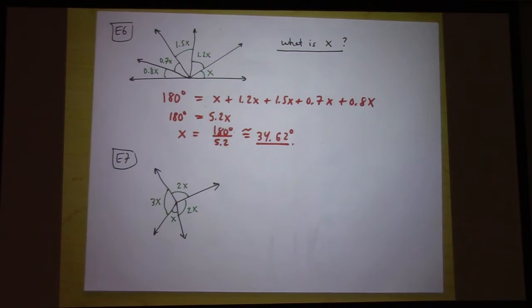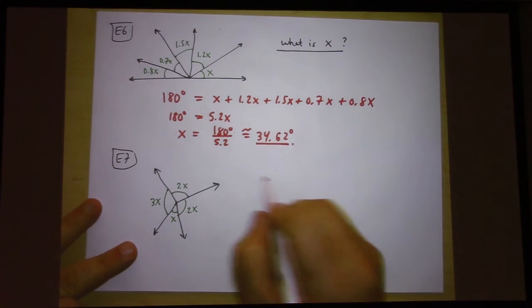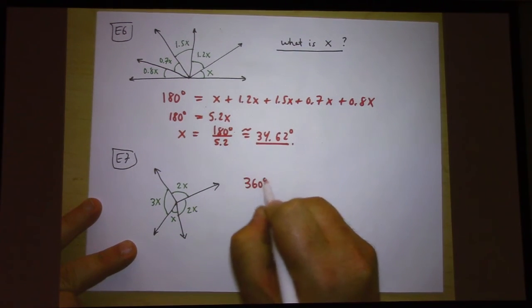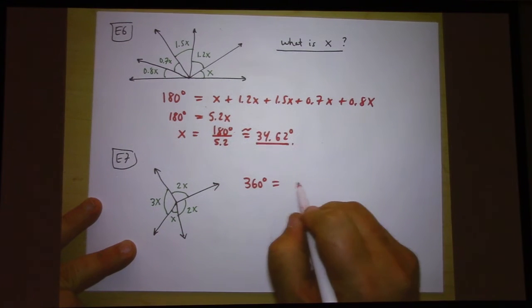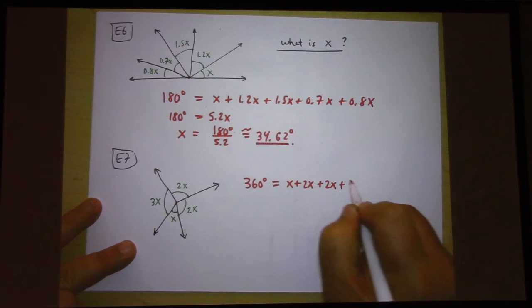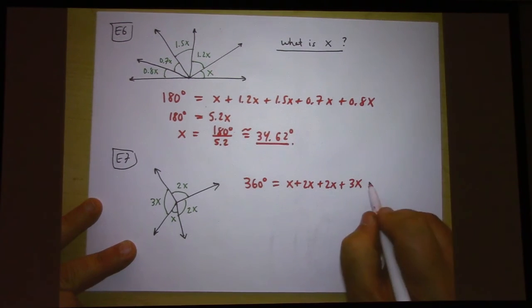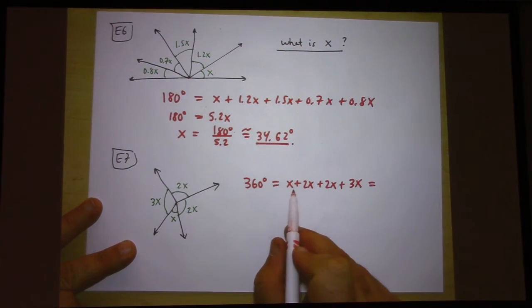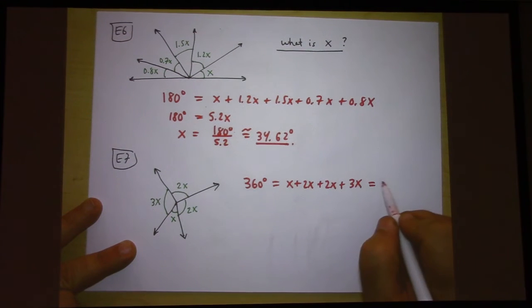See, here you're going all the way around, right? So if you go all the way around, that's 360 degrees. So we would put 360 degrees equal to x plus 2x plus 2x plus 3x, yeah? Which would be, what, 3, 5, 8x?